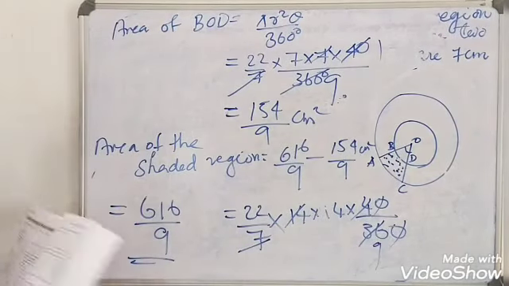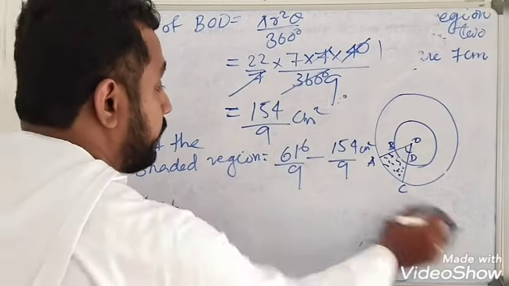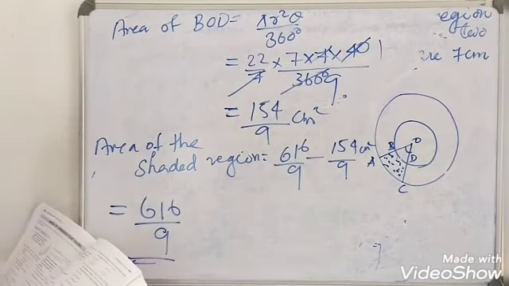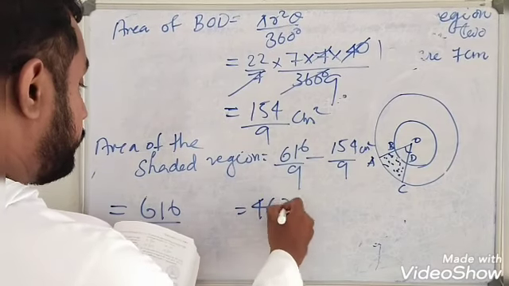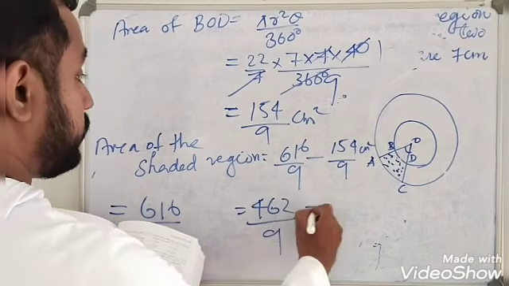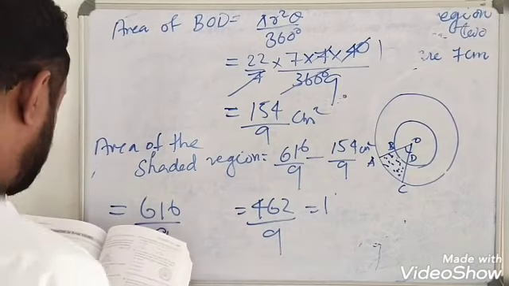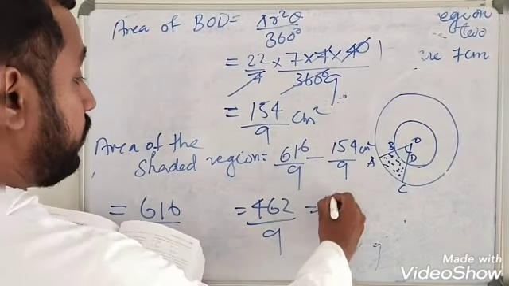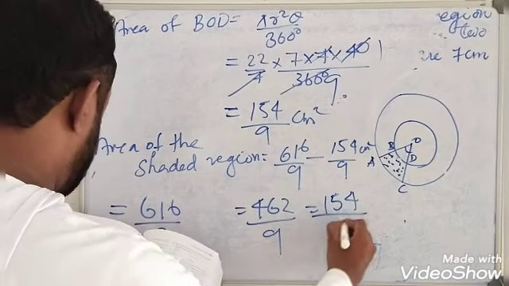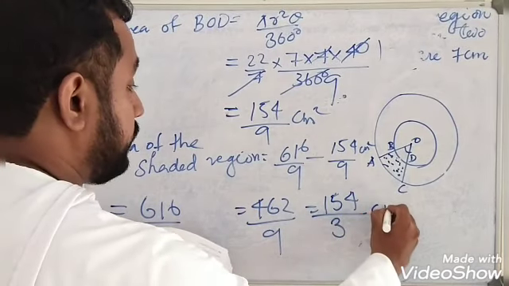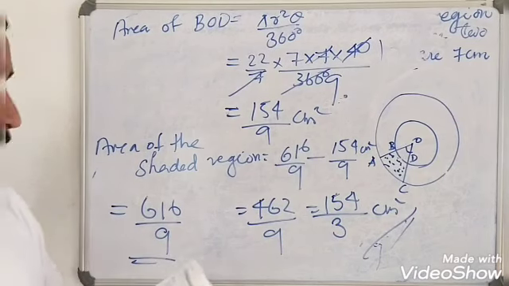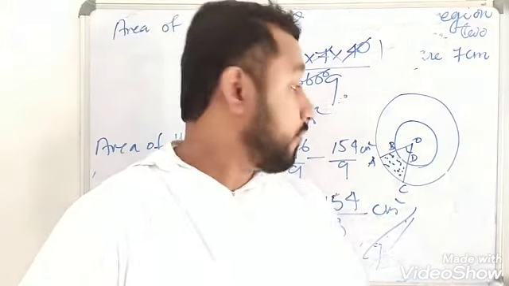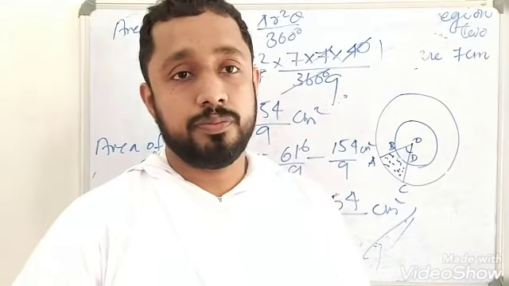That is equal to 462 by 9, which is equal to 154 by 3 centimeters square. 154 by 3 centimeters square is the area of the shaded portion.